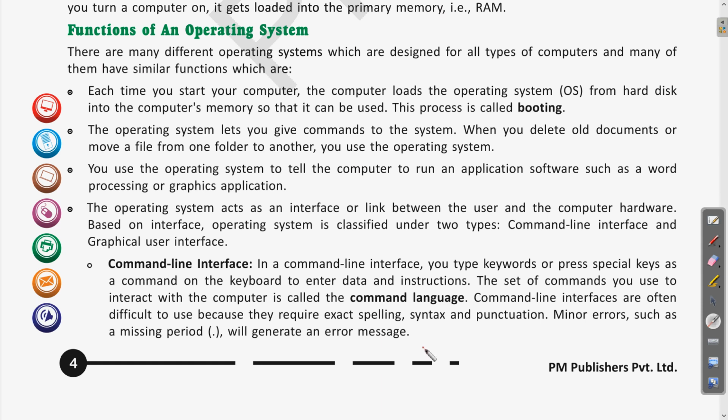So as we have seen, whatever we are executing in the command line interface, the command we have to give using the exact keyword. If there is any error in the keyword, the function which you want to perform will not be executed. So this is the drawback, or you can say the limitation, because of which we have to develop some other operating system or some other interfaces which will be easy for the user to function.